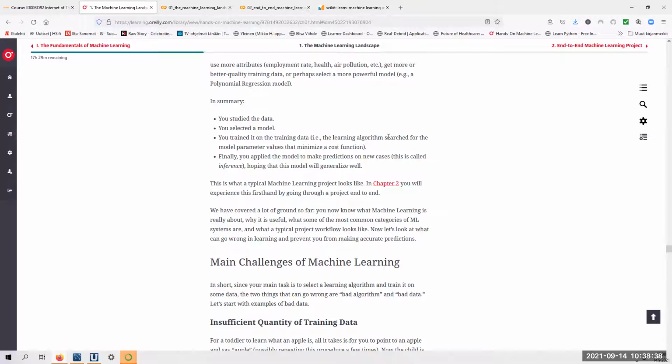And what the learning algorithm does is search for the model parameter values so that it minimizes some cost function. We get to the cost functions a bit later.